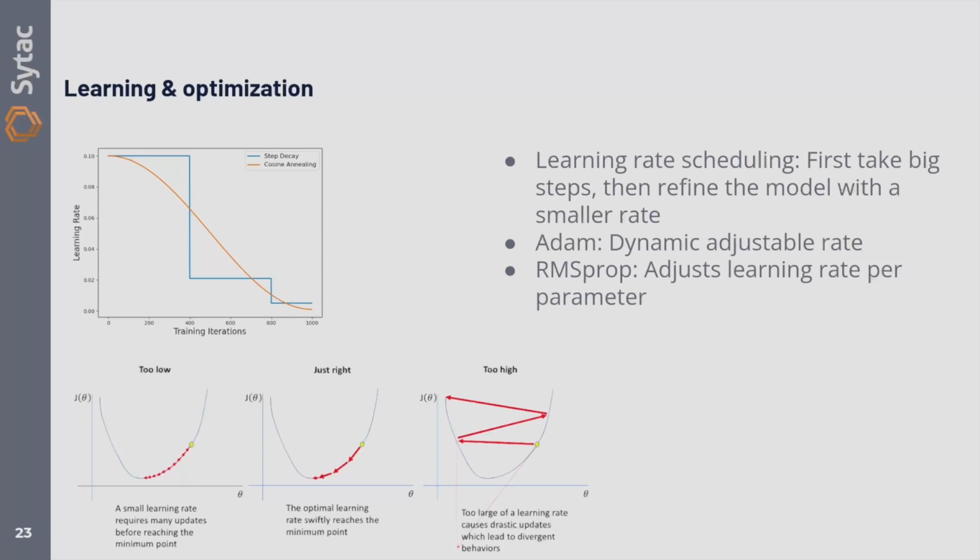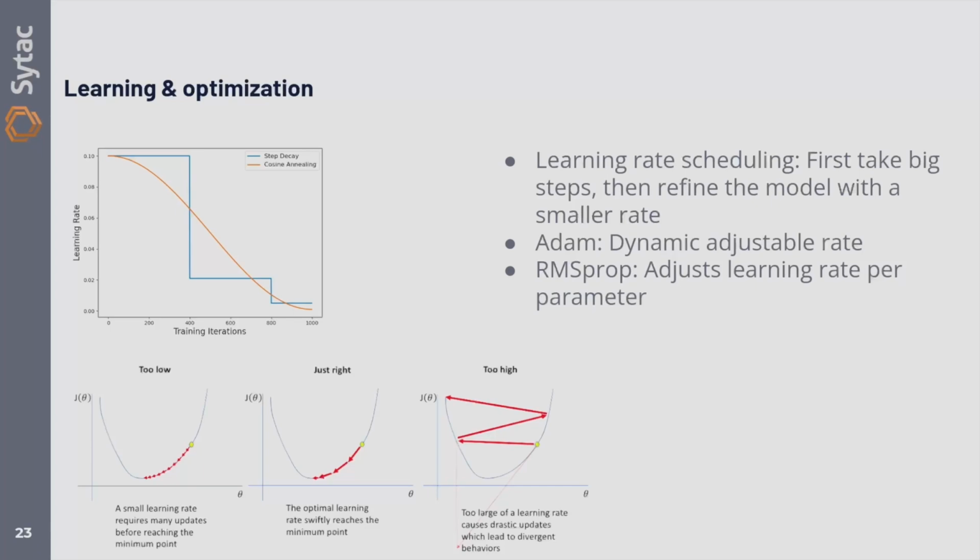So you can learn very slowly, just make super tiny steps and take hundreds of epochs until you get a good model. You can learn super quickly, bounce back and forward, and never get to any good model because you make jumps too big. So you want to carefully adjust how big your steps are.